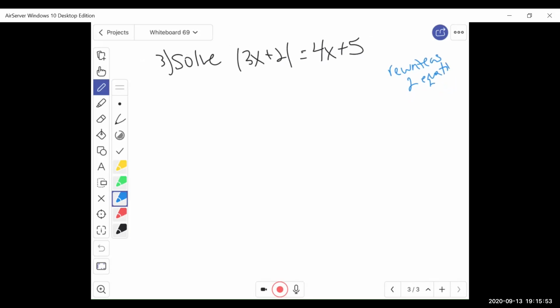If we rewrite as two equations, we have everything inside, 3x plus 2 would equal positive 4x plus 5. Or we're going to have everything inside, 3x plus 2 equal negative parenthesis 4x plus 5.